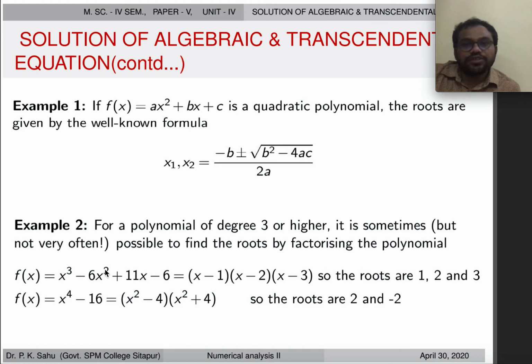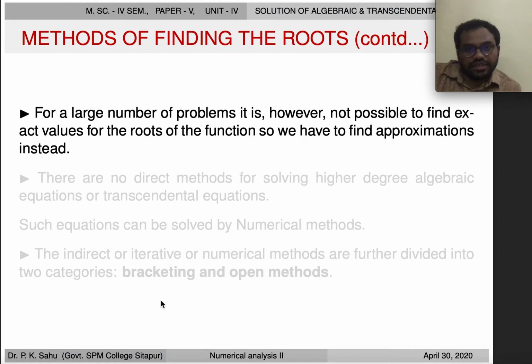We can factor it into (x minus 1), (x minus 2) and (x minus 3). So the roots of this equation are 1, 2 and 3. Also, we can factor x to the power 4 minus 16 into (x square minus 4) and (x square plus 4). So real roots of this equation are plus 2 and minus 2. In this way, we have found the roots in previous classes.